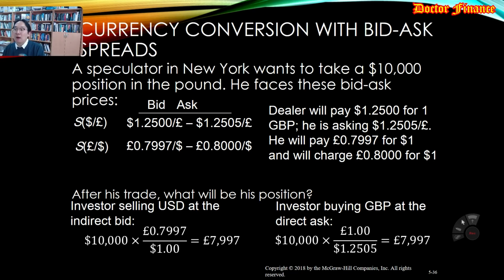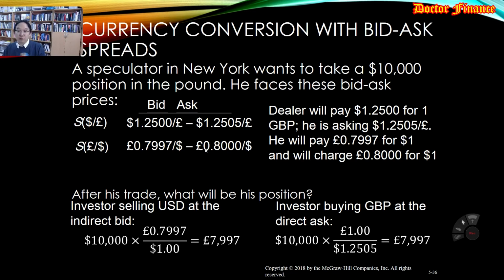Okay, he will pay 0.7997 pound for $1, which is the reciprocal of the ask price in the spot market. And then he will charge 0.8 British pound for $1, which is the reciprocal of the bid price.